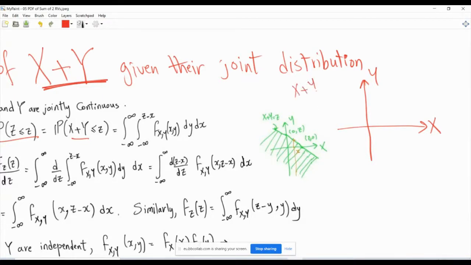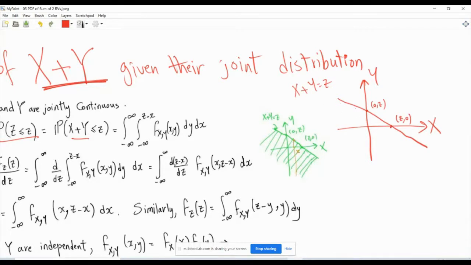What is the line x plus y equal to z? It's a line that has a slope of -1 that looks like this, right? So if x plus y is equal to small z, then when x is 0, y is z. So there is a point here, 0, z. And if y is 0, then x is equal to small z.